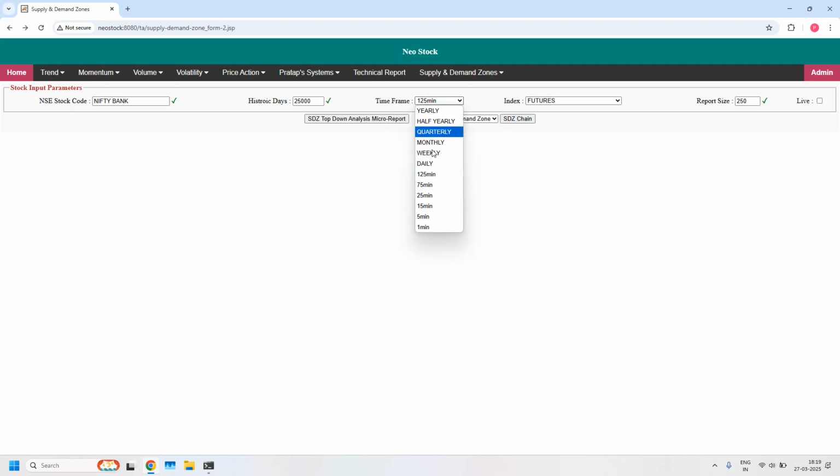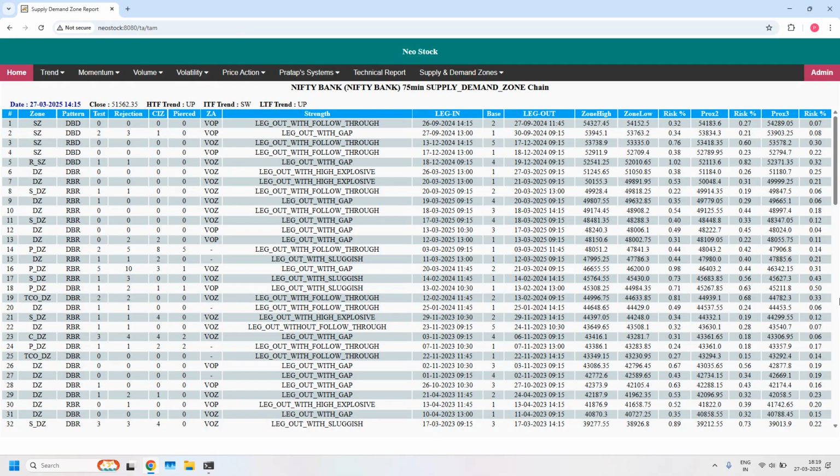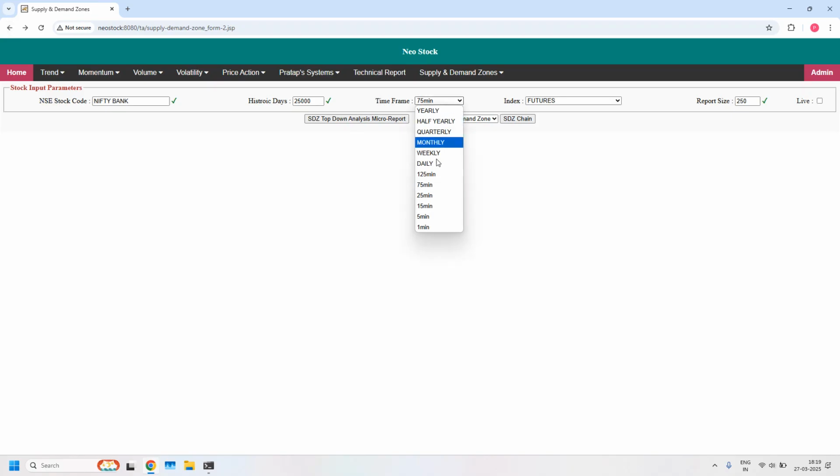Next, generating the 75-minute supply demand zone chain for Bank Nifty. Next, generating the 25-minute supply demand zone chain for Bank Nifty.